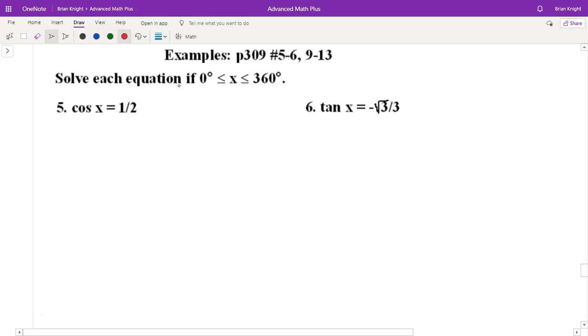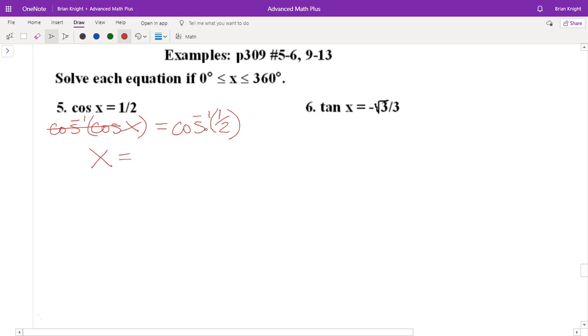Okay? So the first one is very simple to find. How do I get rid of this cosine x? I do the inverse. So if I do the inverse cosine of the cosine of x on the left, I have to do it on the right. Now, what happens on the left here? They cancel. I'm just left with x, and I just put that in my calculator.